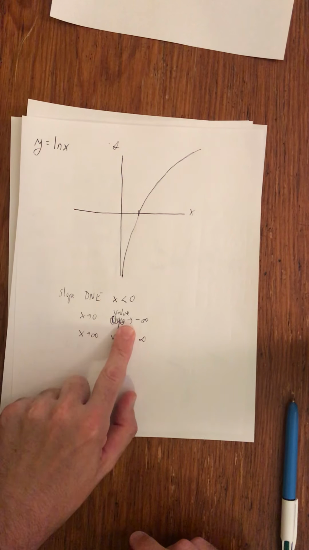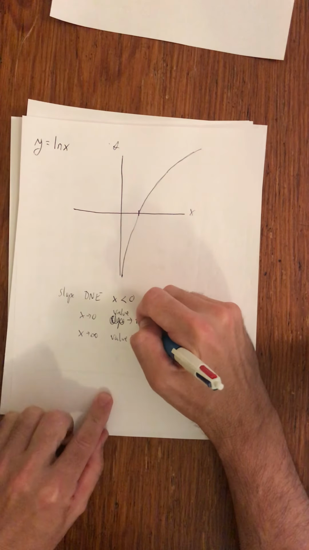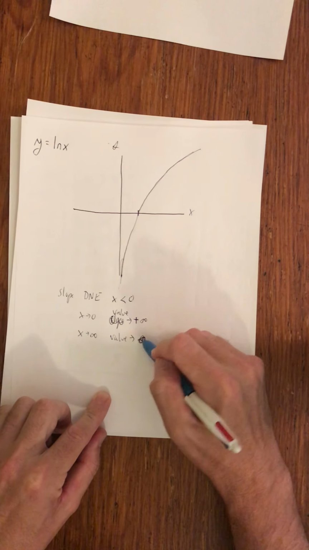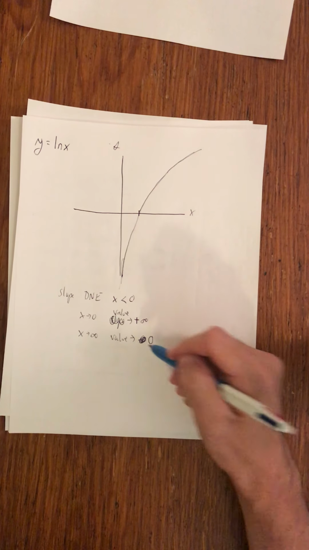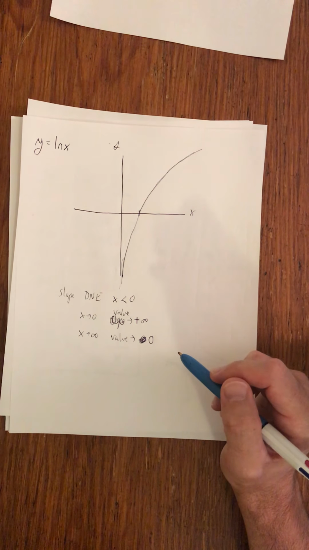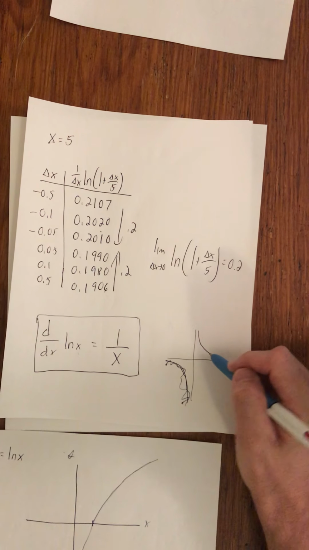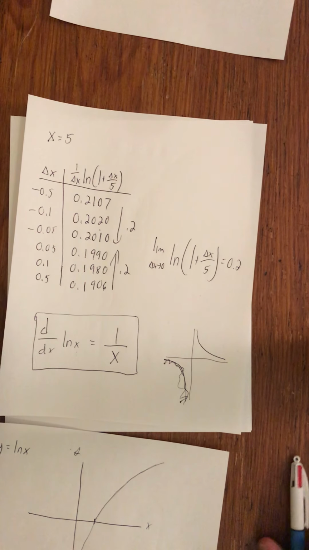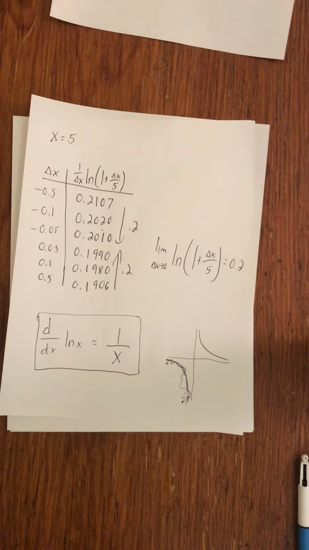As x approaches 0, the value of the slope approaches positive infinity, right? Boom. Oh God, what the hell am I doing here? And this approaches 0. You're probably just screaming at me at home about messing that up, and I apologize, right? Because look here, that's going to positive infinity in terms of value, and that's going towards 0. So there you go.